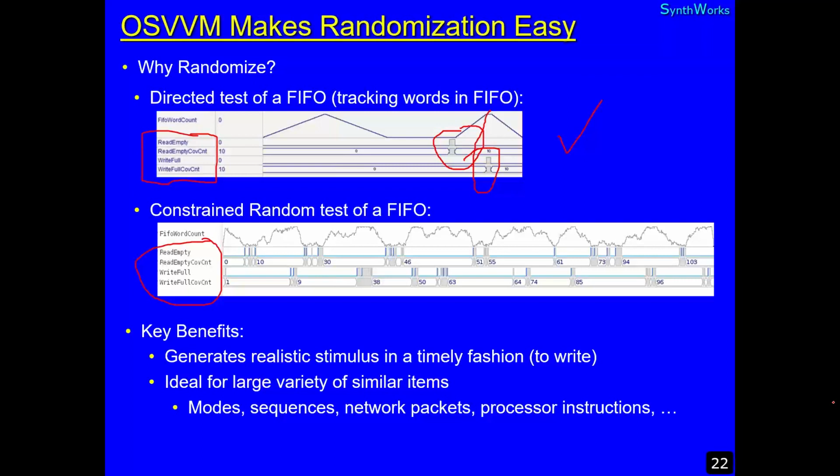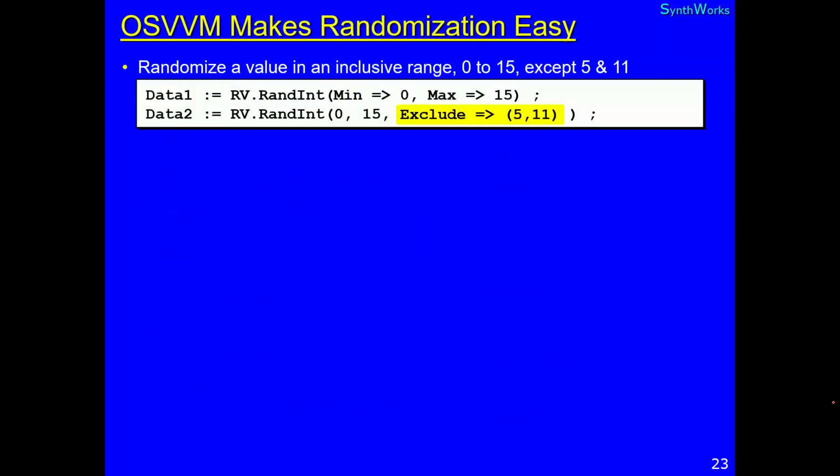Maybe it would run faster. But this sort of randomization is ideal for when we have a large variety of similar things, so modes, sequences, network packets, and processor instructions. And you might note that a lot of the early constrained random work was driven by people in networking. That was going really active at the time it was developing.